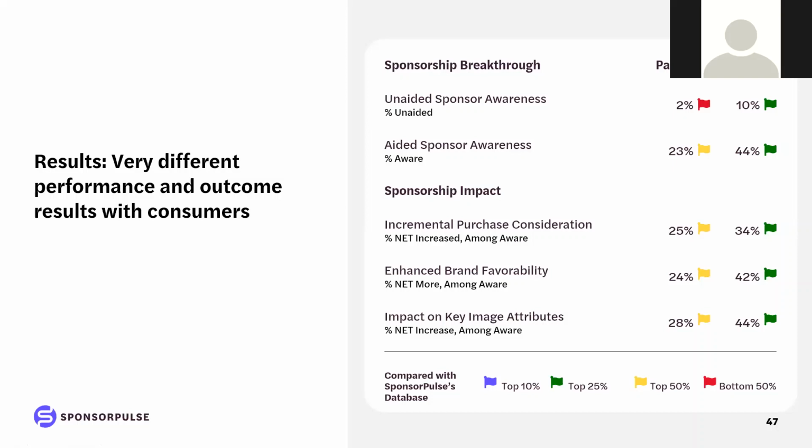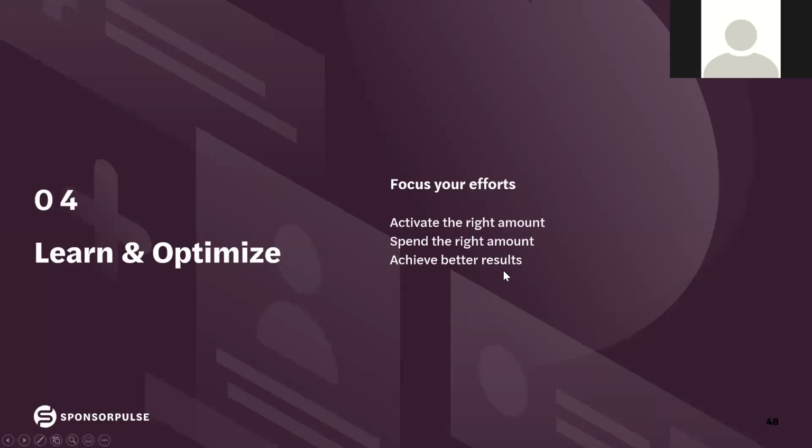They had been there about the same amount of time, so you can remove that variable from a continuity perspective. Partner two was just doing much better and paying out. Partner one wasn't. They were spending the same and had the same impressions, but a very big difference in results, which led us, during this webinar, to our learn and optimize stage.